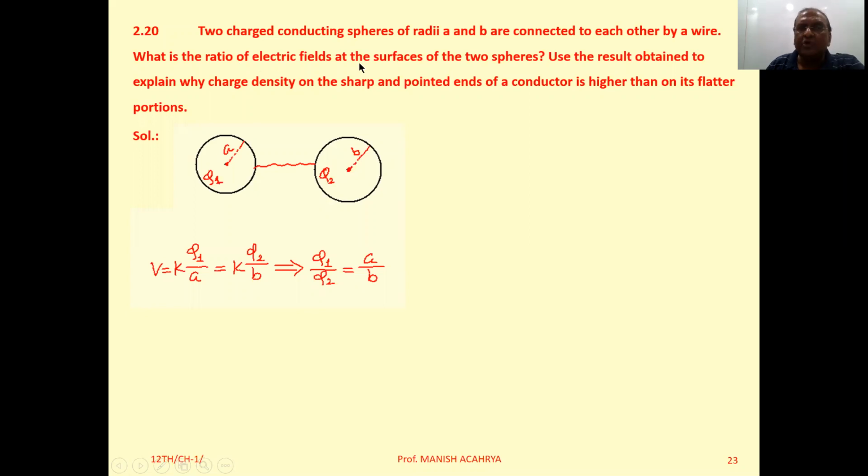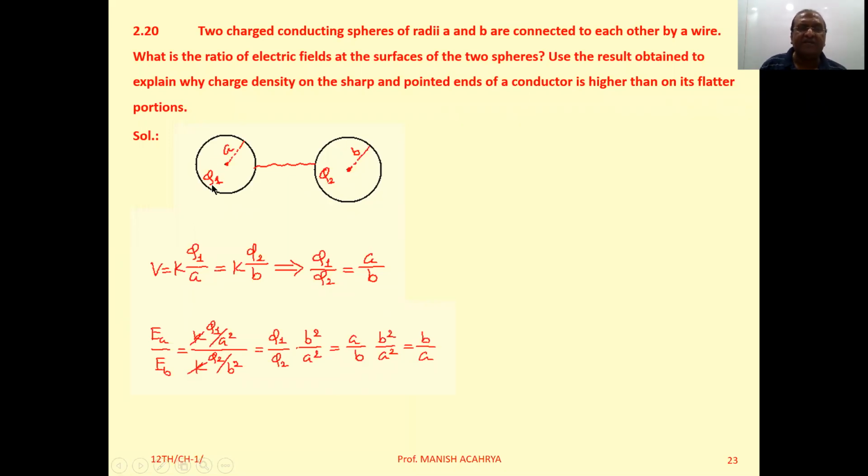Now we want the ratio of electric fields. The electric field at the surface of the sphere having charge Q1 is K Q1 upon A square. For the second, K Q2 upon B square.